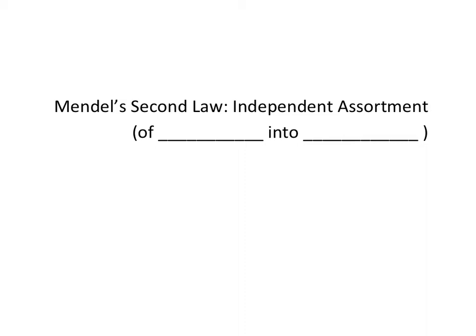So the independent assortment this time is of, what was assorting this time? We were drawing multiple versions of molecules we call chromosomes. They're genes.